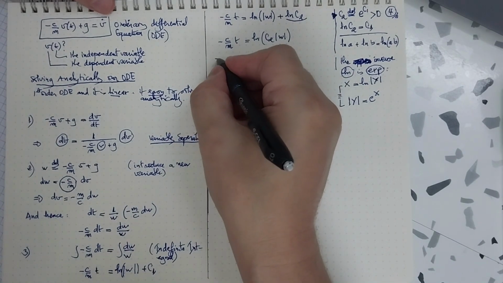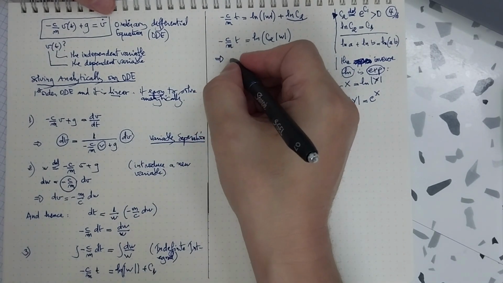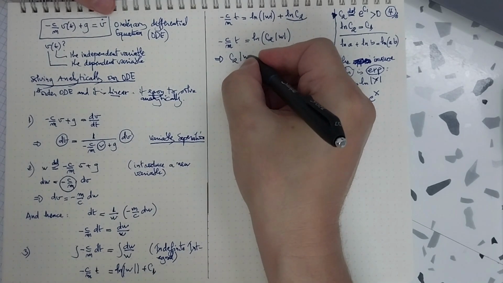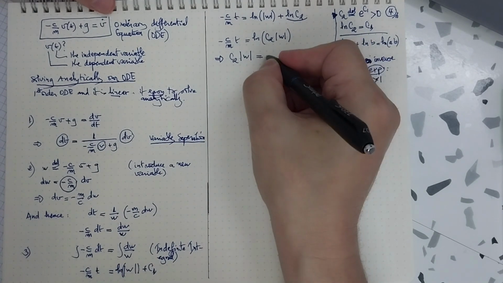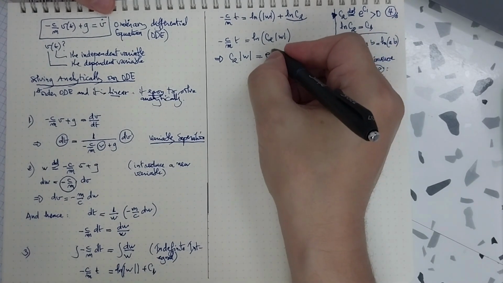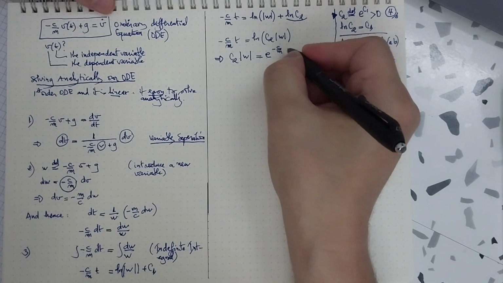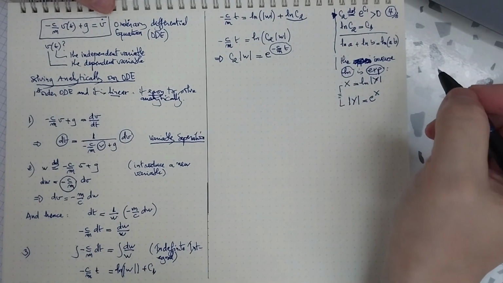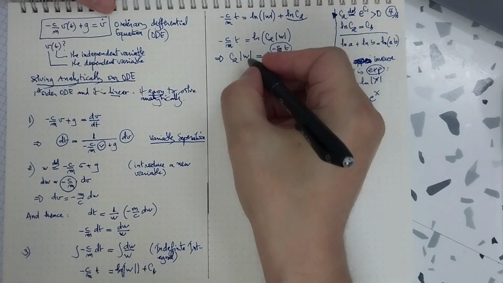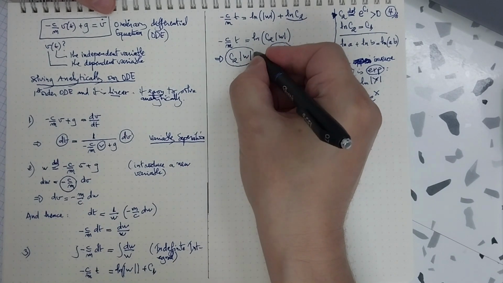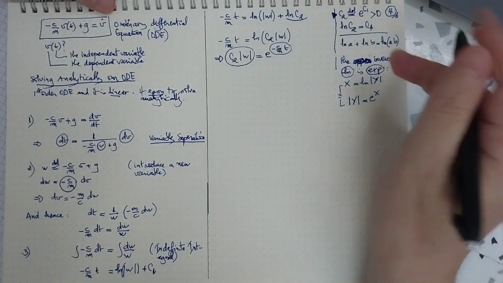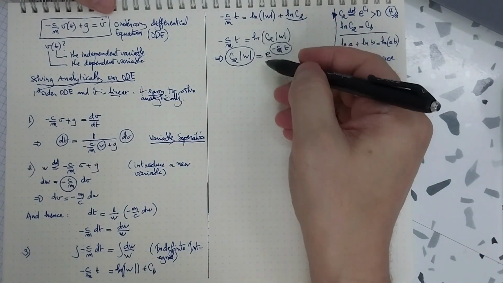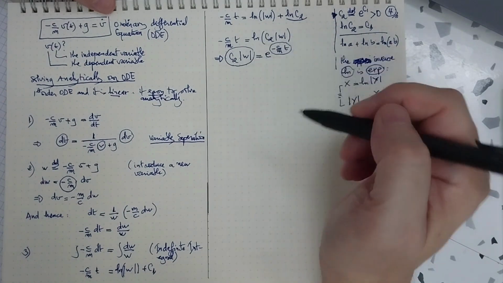So we have C2 times the absolute value of W equal the exponential of minus C over M times T. Now this is x, and this is y. We have applied the inverse of ln, and vice versa, the inverse of exp is ln. So these two equations are equivalent.